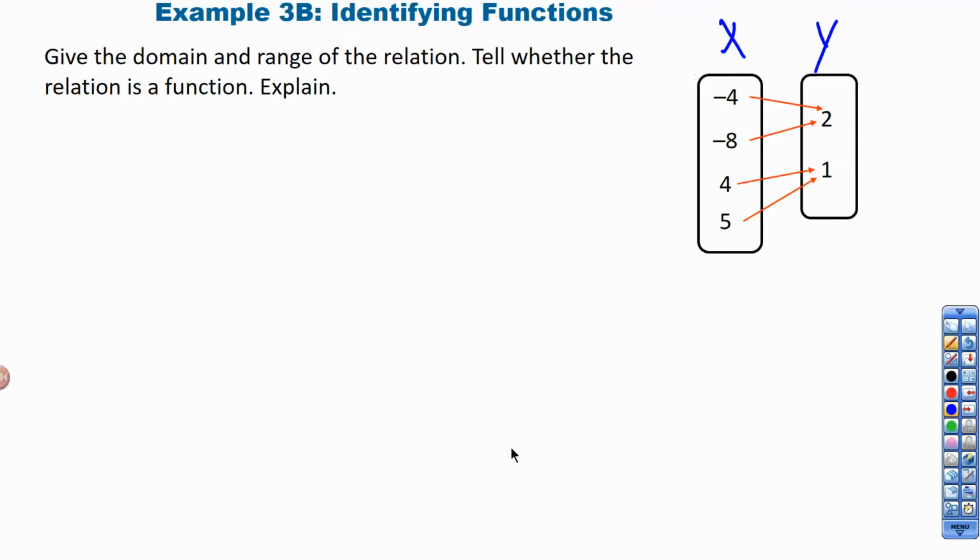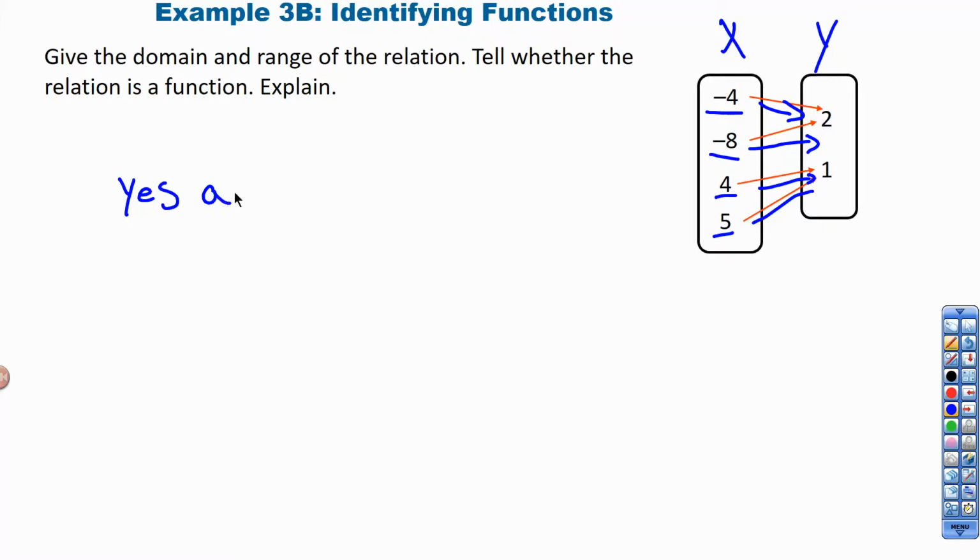So for a given x, there is only one output. For the given -4, there's only the 2. For the given -8, there's the 2. For the 4, there's the 1. For the 5, there's the 1. For a given input, there's only one output. Is that true? Yes. So it is a function.